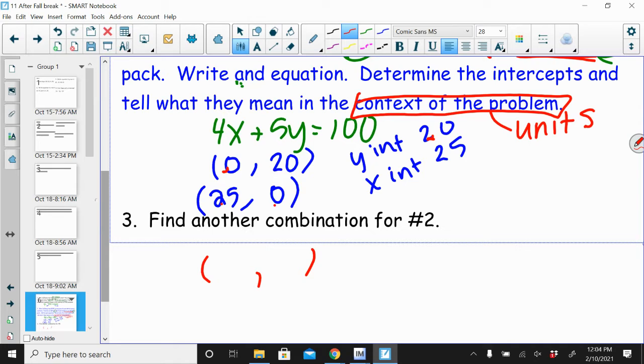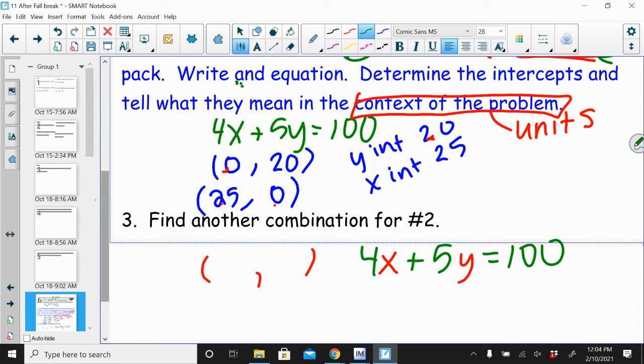Did anybody get another combination? I want to show you, so like if you have 4x plus 5y equals 100.